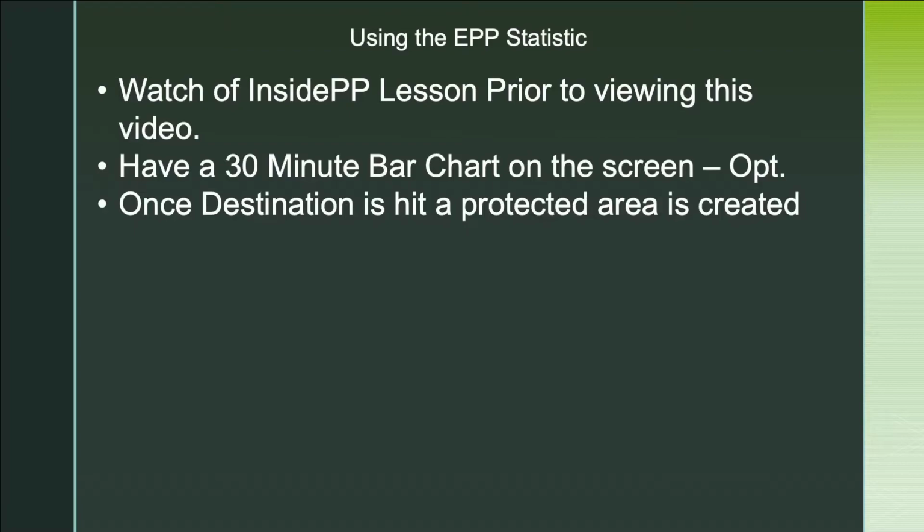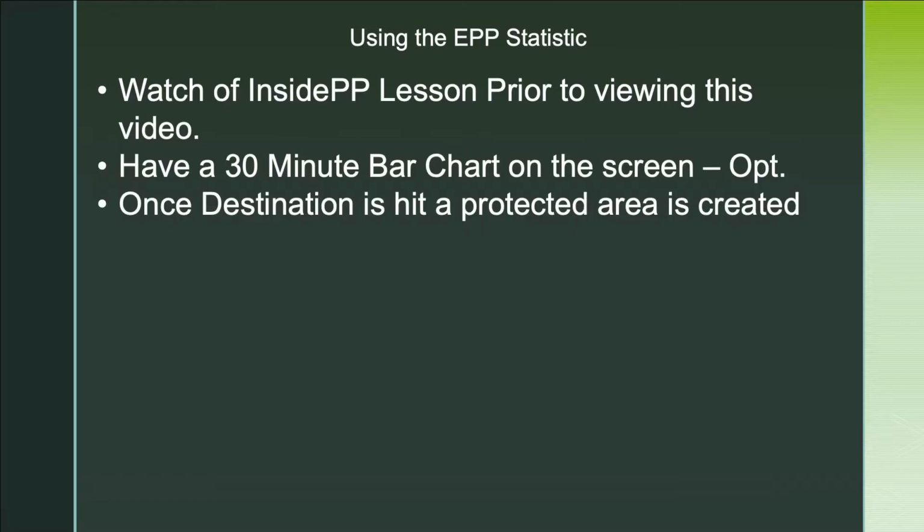But of course, when you start using this in conjunction with other statistics, you see really the power of looking at these statistics. One other thing that you might notice is that as we go through these lessons, these statistics work together. For instance, we start with the Inside PP statistic, and then when it is completed, the EPP statistic takes over.